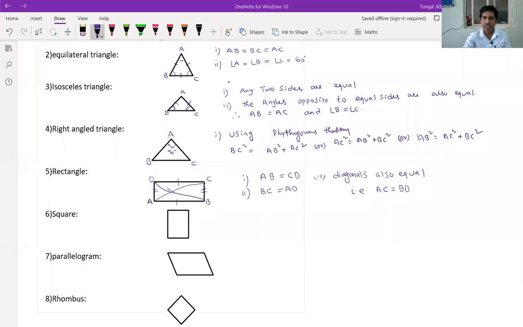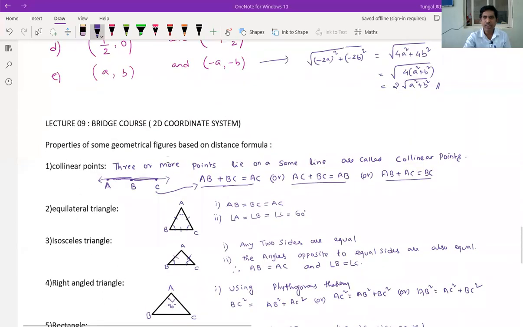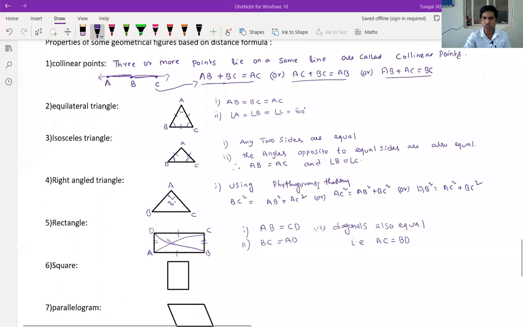Diagonals are equal and bisect, right? The bisecting is not needed. Why? Because we are discussing the distance formula, so based on distance only we have to prove. Using the distance formula, how to prove? Opposite sides' distances are equal and the diagonals' lengths are also equal.